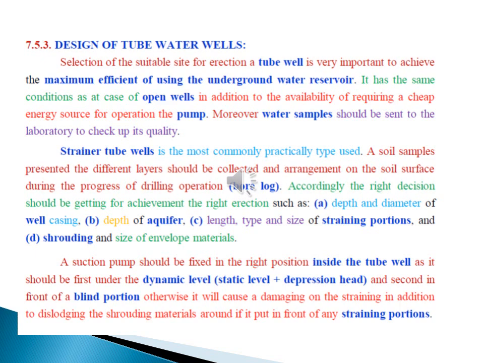The soil samples representing the different layers should be collected and arranged on the soil surface during the progress of drilling operations. Accordingly, the right decisions should be made for achieving the right erection, such as depth and diameter of well casing, depth of aquifer, length, type and size of straining portion, and shrouding and size of envelope material.